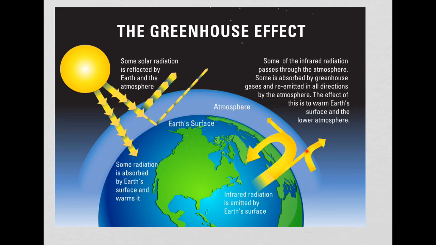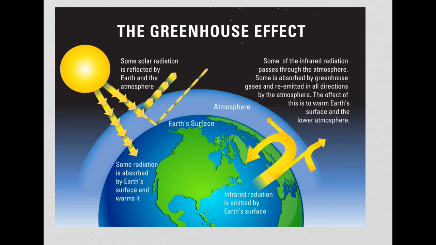So the pollution in this area of the atmosphere reflects the Earth's re-radiated energy back to the Earth's surface, causing the temperatures to increase, and some of it is also held in the atmosphere by these pollution or greenhouse gases.